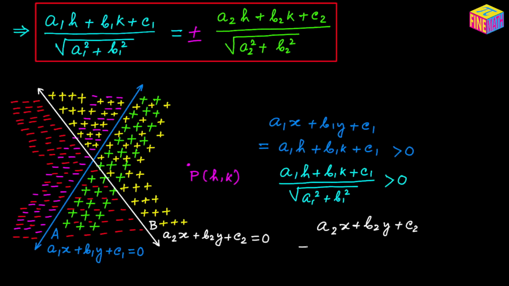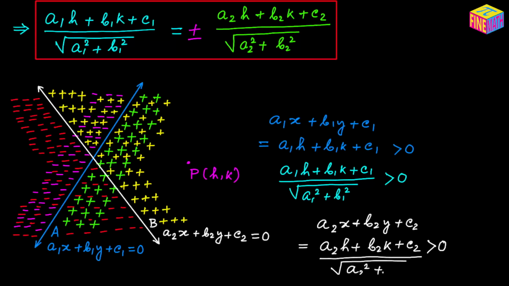And if we plug in the coordinates of P in place of x and y, then we are going to get a sub 2 times h plus b sub 2 times k plus c sub 2, and this is also going to be positive because P is in the positive region of straight line B. So then if we simply divide this by a positive number, which is square root of a sub 2 squared plus b sub 2 squared, that is also going to be a positive quantity. So in this case, you see this is nothing but the distance of P from the straight line B, that also turns out to be a positive quantity.